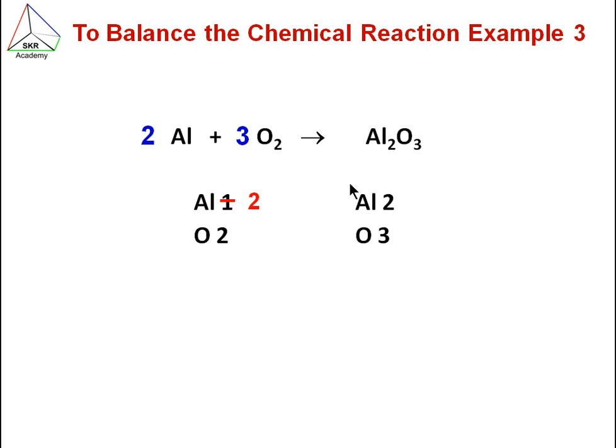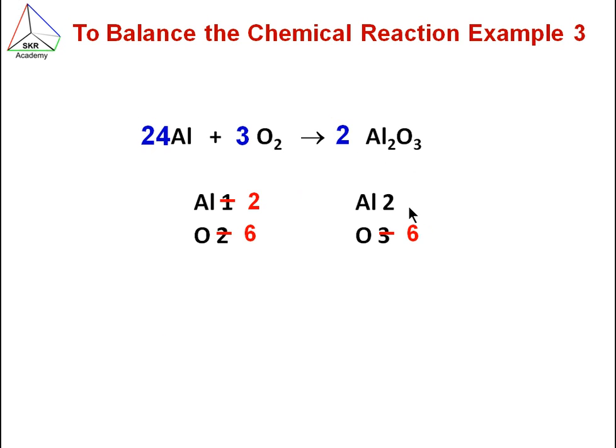So we will add a coefficient 3 in front of oxygen, and 2 in front of aluminum oxide, so this will give us 6 oxygen on each side. But due to this coefficient 2 on the right hand side, you can see the total number of aluminum on the right hand side becomes 4.